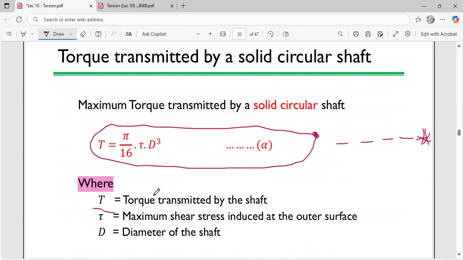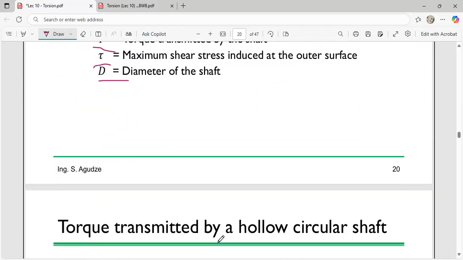Where T is the torque transmitted by the shaft, tau is the maximum shear stress induced at the outer surface, and D is the diameter of the shaft.